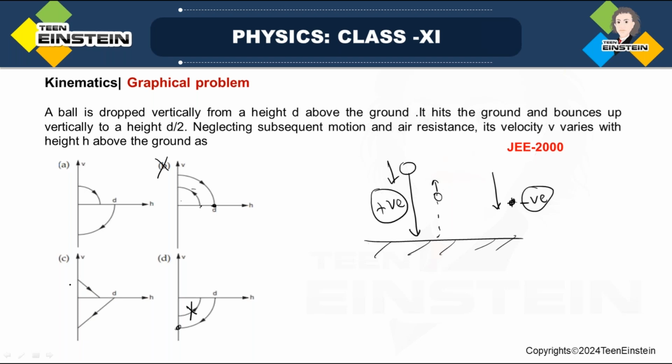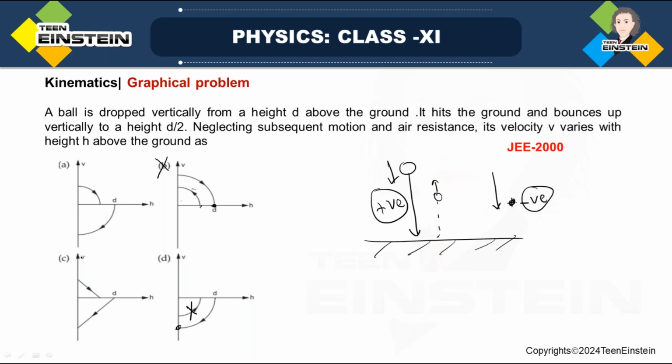Now let us go to the C. See, in this case the question was, from a certain height D it is dropped. When it is dropped, how will the curve be?